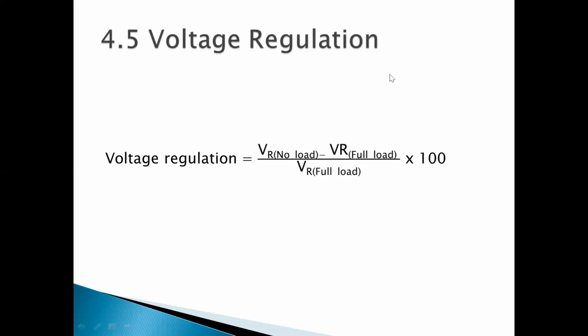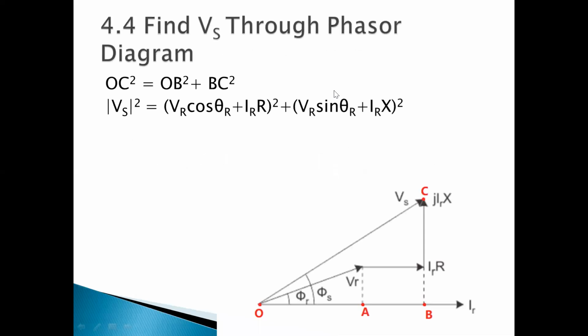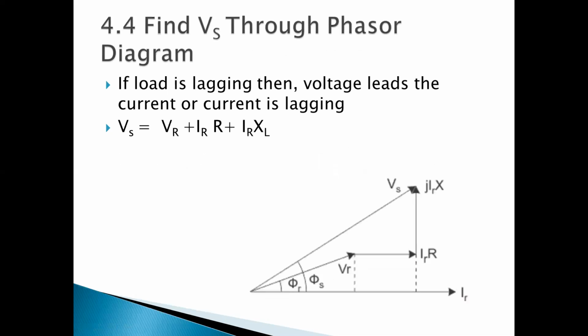So voltage regulation, in the last two PPTs, was just a phasor. I explained how you can find the angle of the sending end voltage. We will talk about angles and magnitudes, so that's why I explained the phasor diagram here.